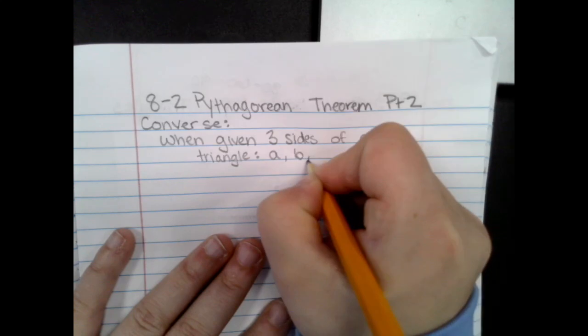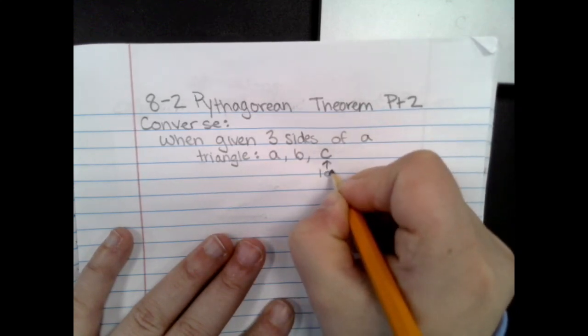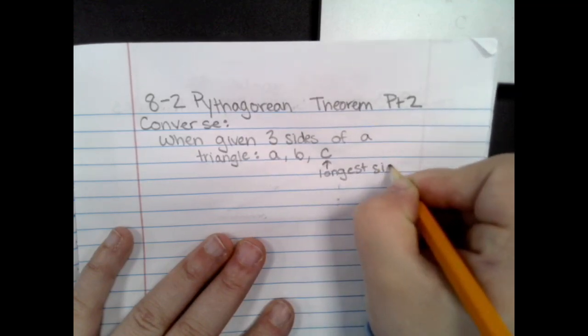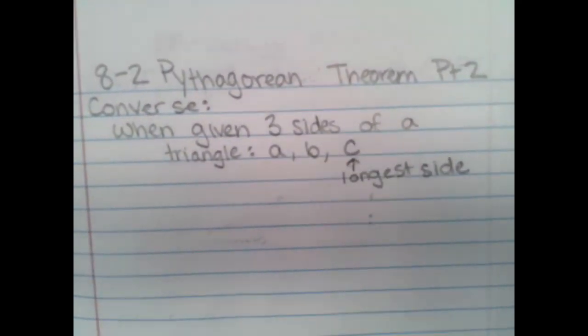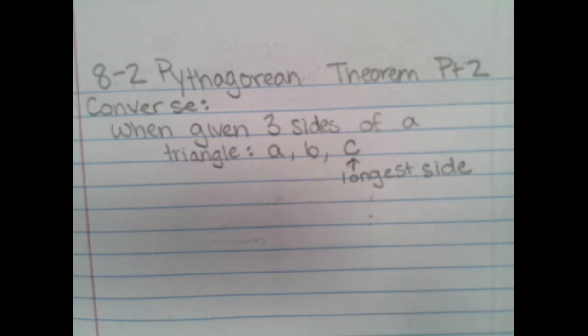B, and then C. And C is always going to be our longest side today. So the biggest number, the longest. Okay, that's a really big part, is that C has to be the longest side.